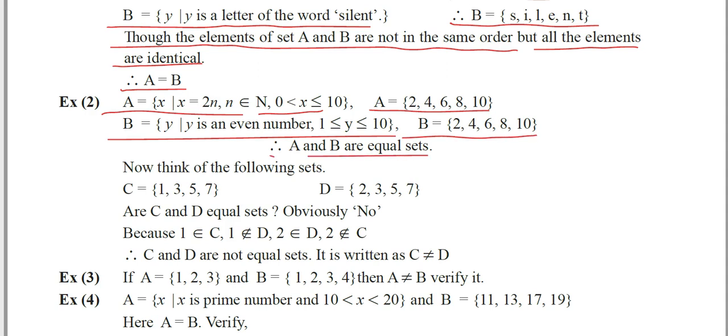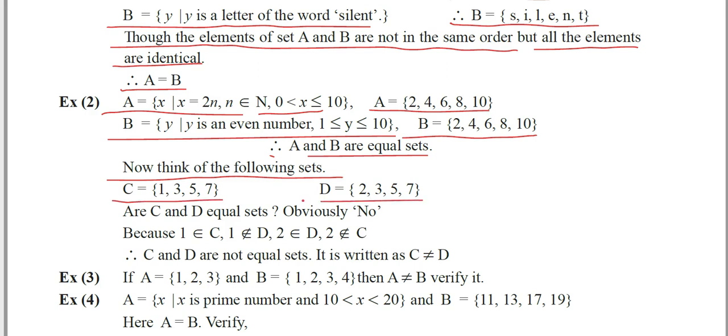Now the next is B is equal to {y such that y is an even number and it lies between 1 and 10, equal to 1 and equal to 10 also}. Therefore, the numbers are 2, 4, 6, 8, 10. Now the sets A and B both are equal.